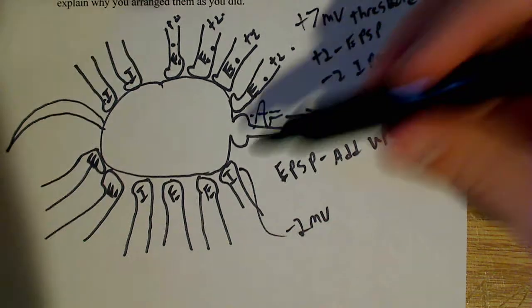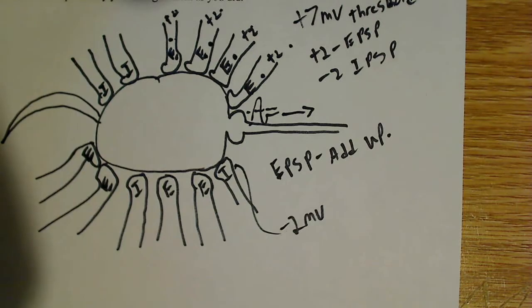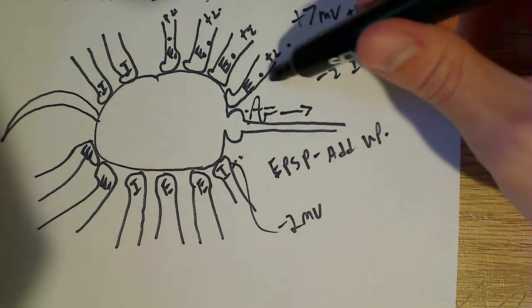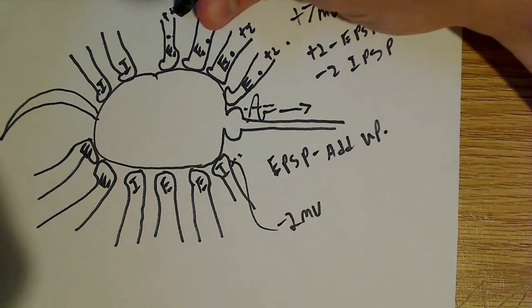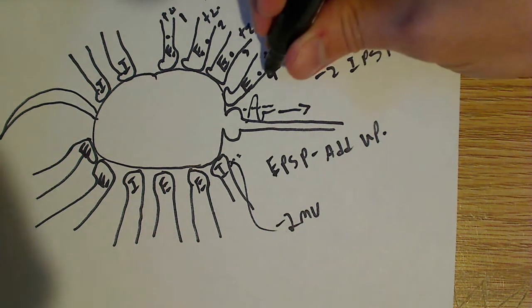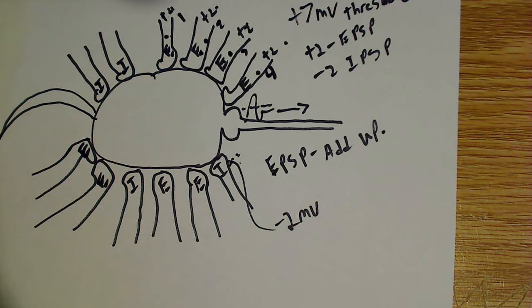Now, if I want to stop that, what do I need to do? Well, I need to have this inhibitory postsynaptic potential fire. And I need to have it fire slightly ahead of this other arrangement here. Okay? So if I'm having these, 1, 2, 3, 4, I have to have this thing here fire ahead of this process up there. And the reason is that I need to inhibit it.